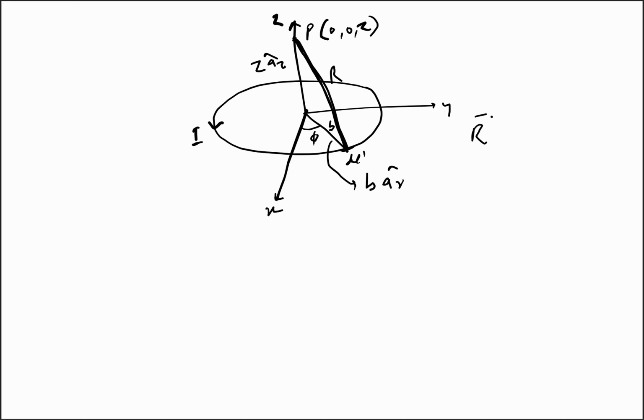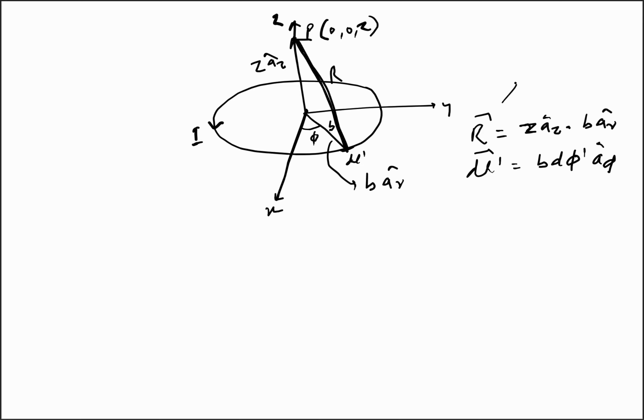So the r vector is equal to z az minus b ar, and dl' is equal to b dφ' aφ.